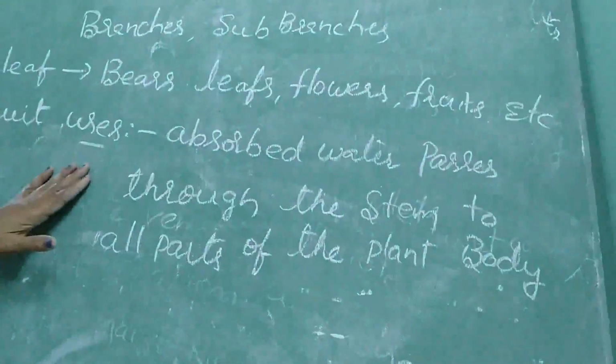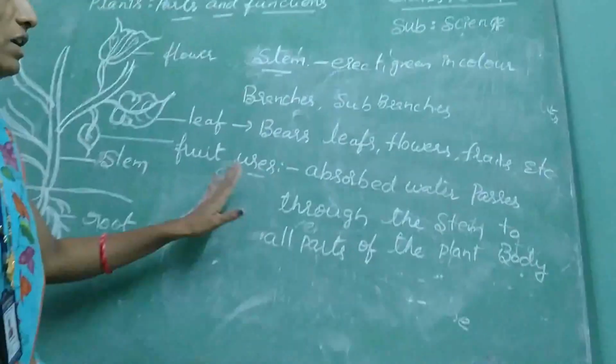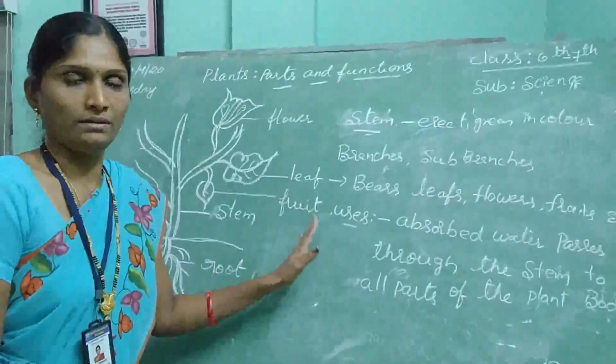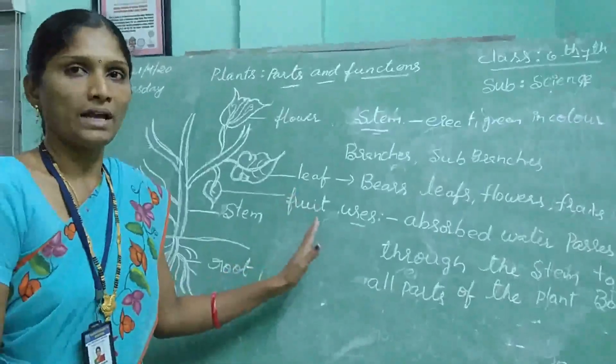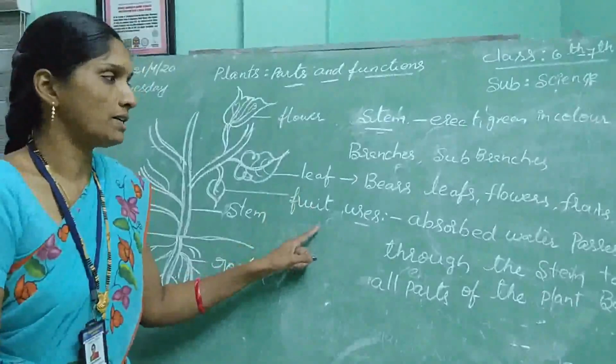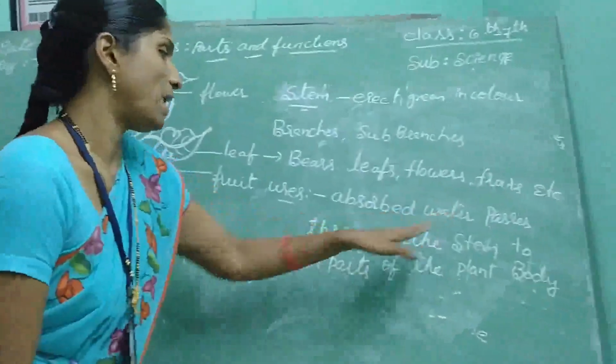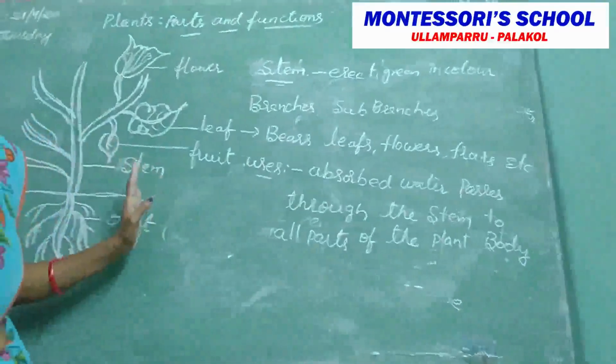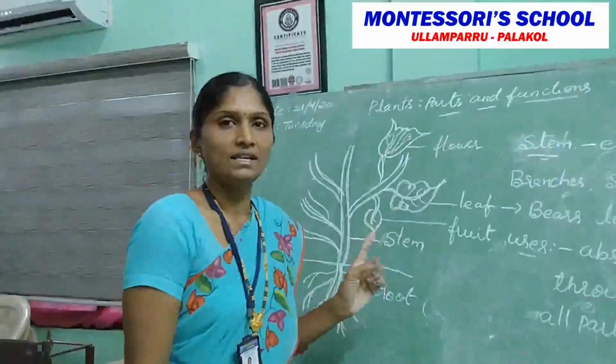That is the second use. The first use is that it exposes the whole plant body to sunlight, and the second is that absorbed water passes through the stem to all parts of the plant body.